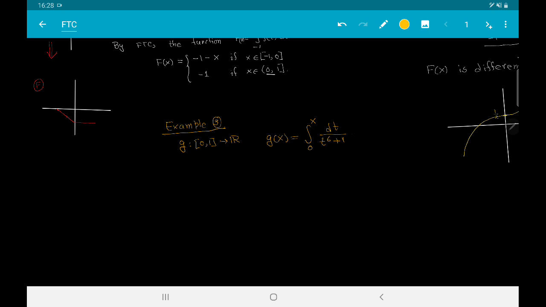So our first task is to evaluate g prime of half. So this is the derivative of g, and we want to compute its value at the point x equal to half.